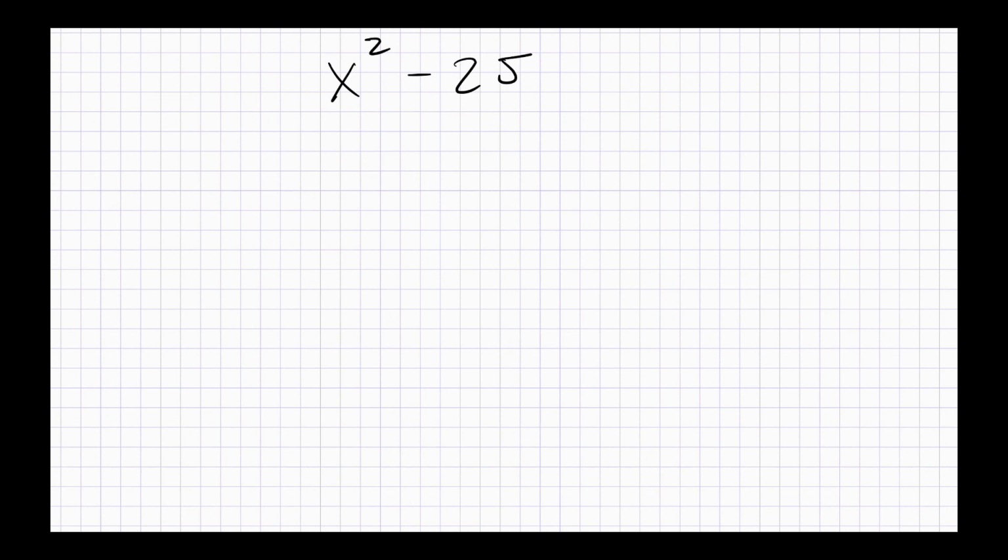So here we go. I have a question like this. If you have something like x squared minus 25, is that difference of squares? What would it be? It would be x plus 5 and x minus 5, right? Okay. What about this one here?